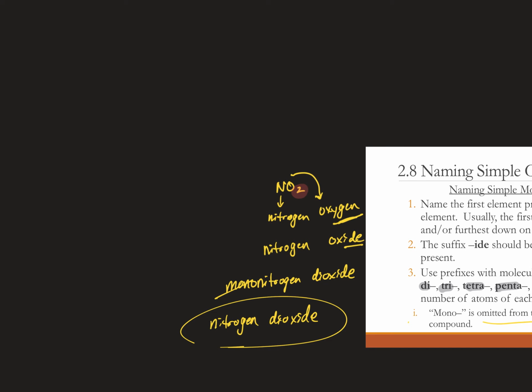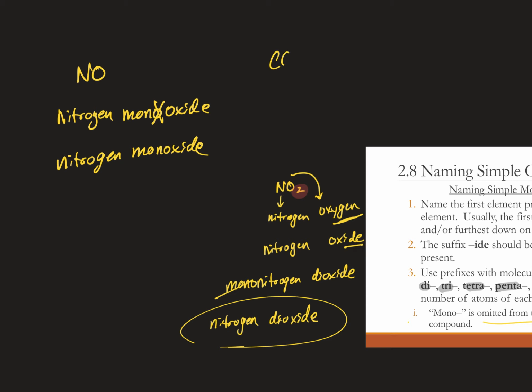If we had something like NO, we have 1 of each, it would be nitrogen monoxide. It's not monooxide. For whatever reason, if it's oxygen, they just delete that out. It's nitrogen monoxide. Just like CO is carbon monoxide.